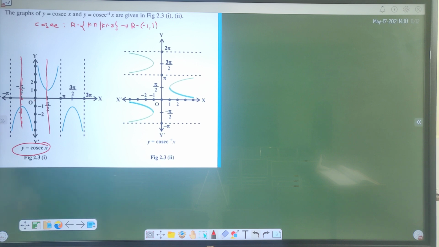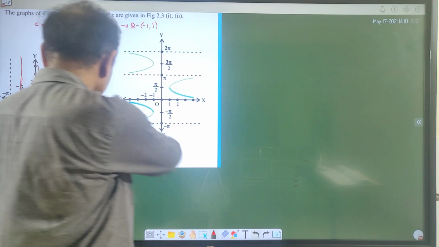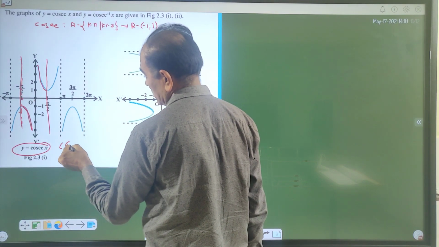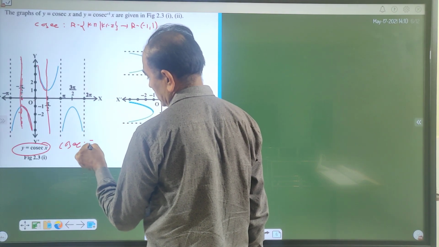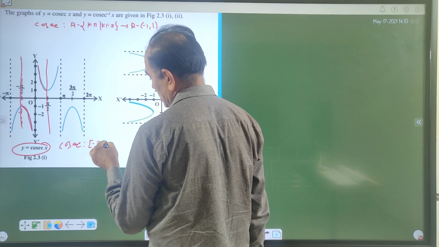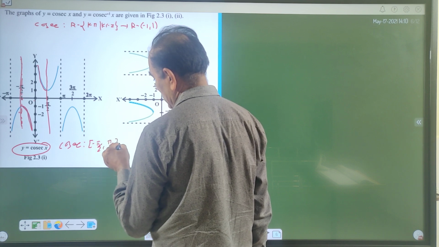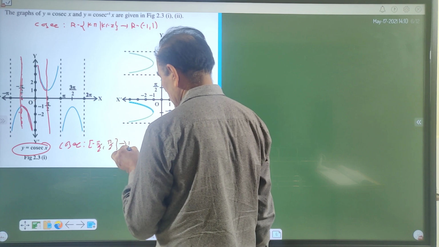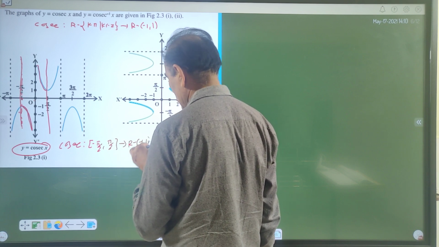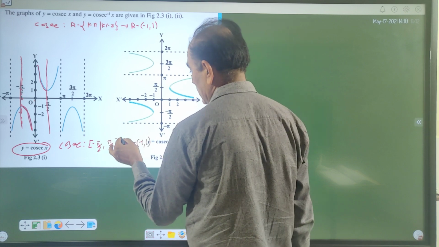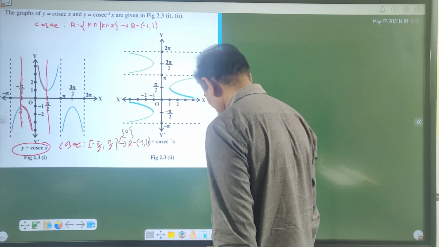For this part, it is one-one. Same way for this part it is one-one. Except 0, at 0 the function is not defined. So what we have to do? We have to restrict the domain of the cosec function.